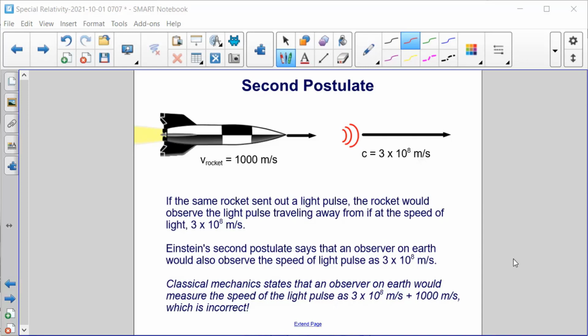Einstein's second postulate says that an observer on Earth would also observe the speed of the light pulse as 3 times 10 to the 8th meters per second. Classical mechanics states that an observer on Earth would measure the speed of the light pulse as the sum of these two vectors, 3 times 10 to the 8th meters per second plus 1,000 meters per second, which is incorrect.